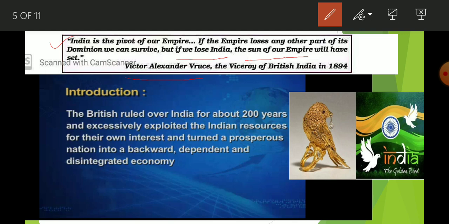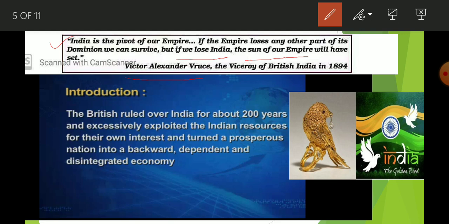So why had Victor Alexander written this statement, that the sun of our empire will have set if we lose India? Because before the British rule, at the mid of the 18th century, India was known as a golden bird, golden sparrow, the सोने की चिड़िया.